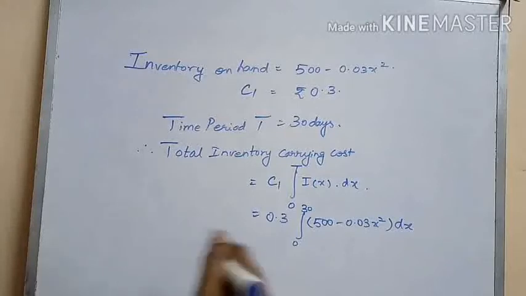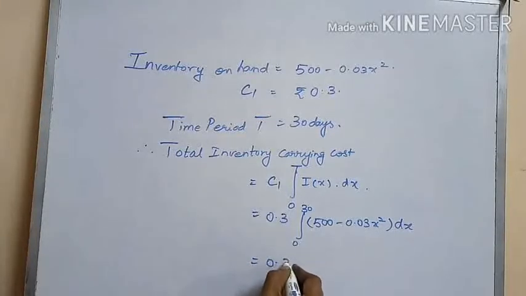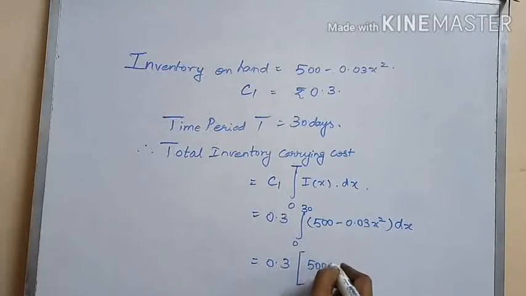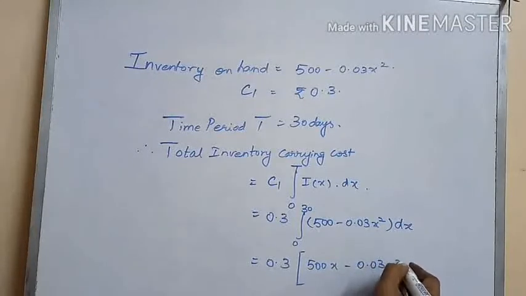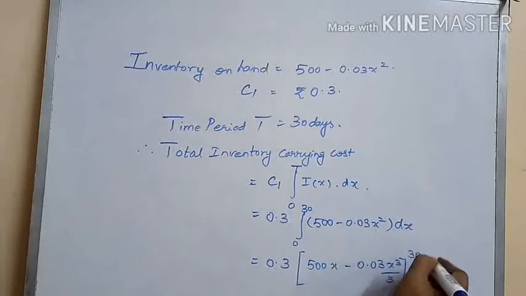Now let us integrate. We get 0.3 into 500x minus 0.03 x cubed by 3 within the limit 0 to 30.